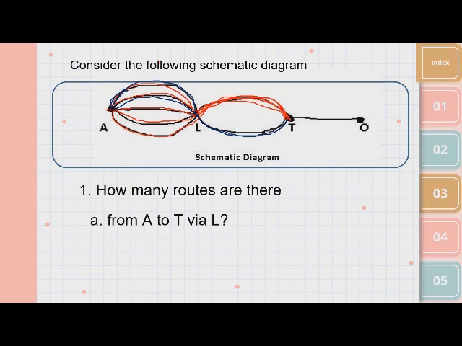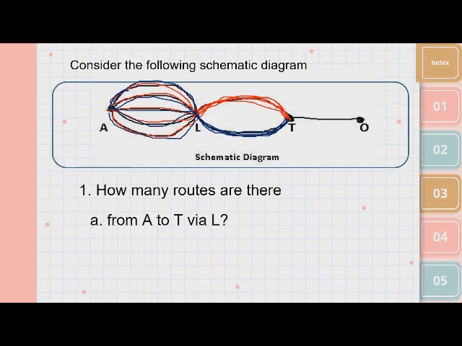Then we have here another way for our 8th route. Then we have the 9, and another one here for our 10th route. Therefore, we have a total of 10 routes from A going to T via L.